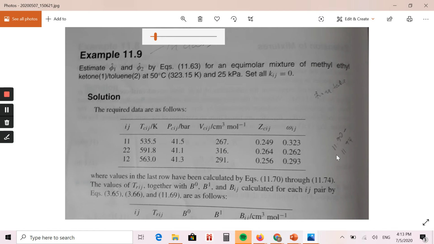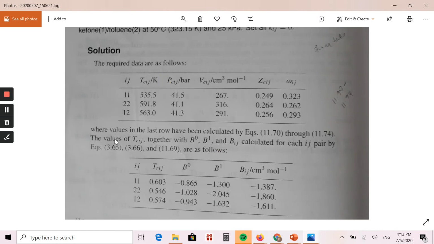Okay, so you are given this data. So this is quite clear. When you are given this data, it means we have to use the EOS. All right. Okay. So you calculate everything together.